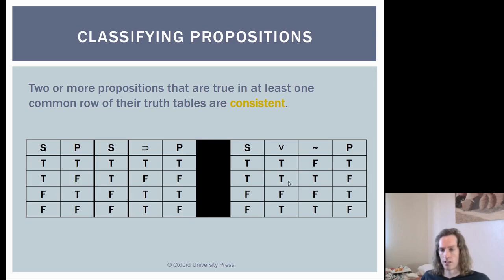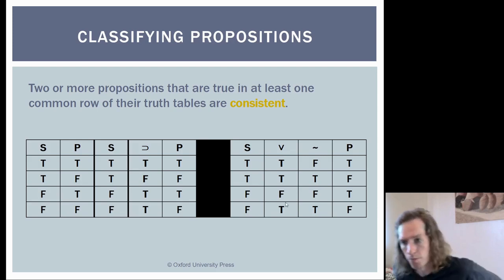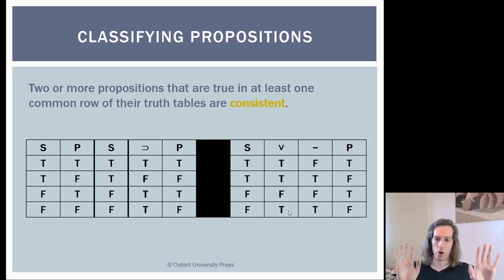In the second row, only the disjunction is true while the conditional is false. In the third row, the conditional is true while the disjunction is false. And in the last row, they're both true. So this means that in every situation where S is true and P is true, and in every situation where S is false and P is false, both if S then P and S or not P are going to be true. It's possible for both of these statements to be true at the same time, given certain conditions for the truth values of the variables. All right.